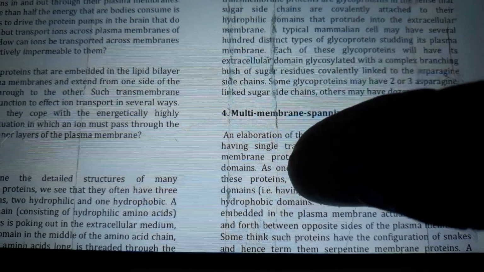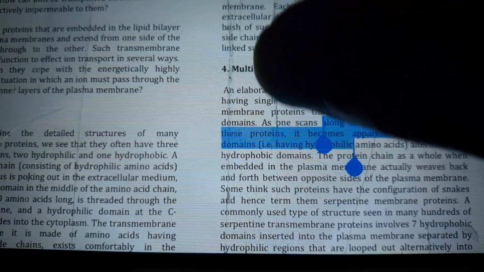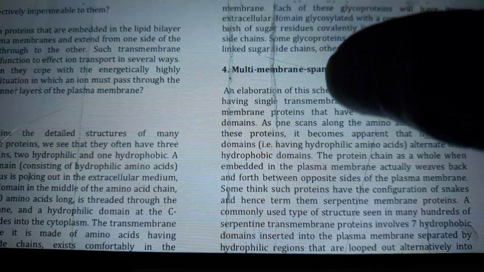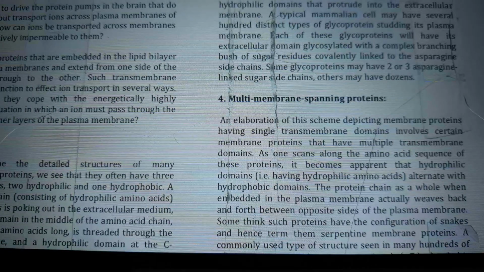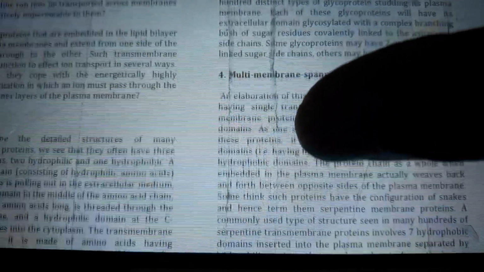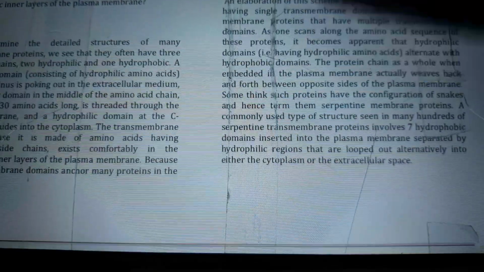Each of these glycoproteins will have its extracellular domain glycosylated with a complex branching bush of sugar residues covalently linked to the asparagine side chain. Some glycoproteins may have 2 or 3 asparagine linked sugar side chains, others may have dozens.